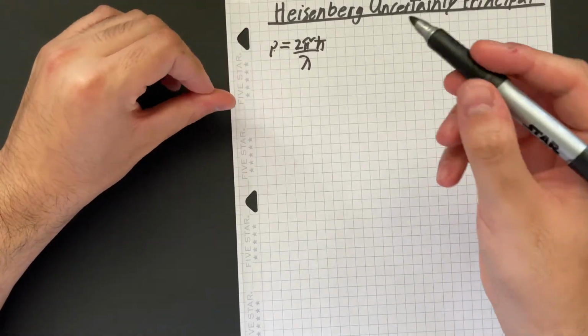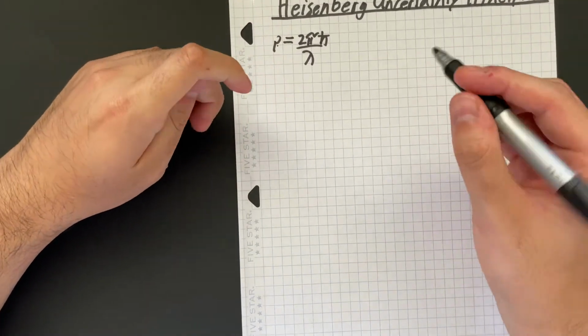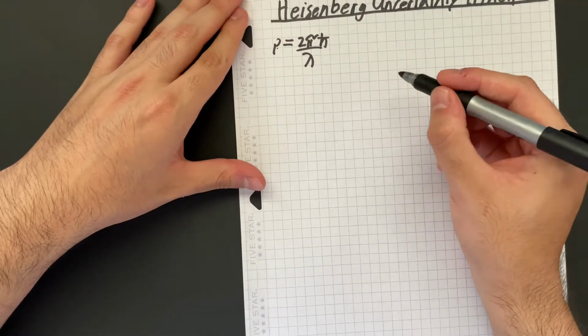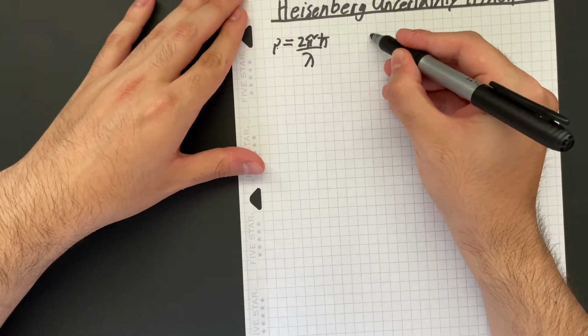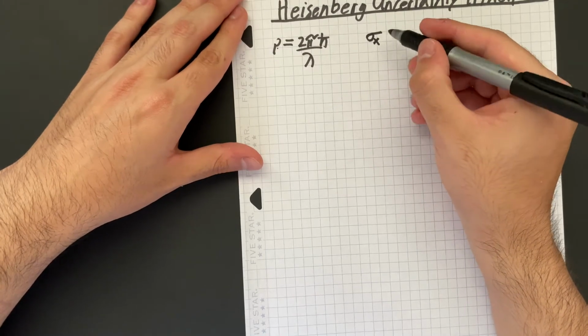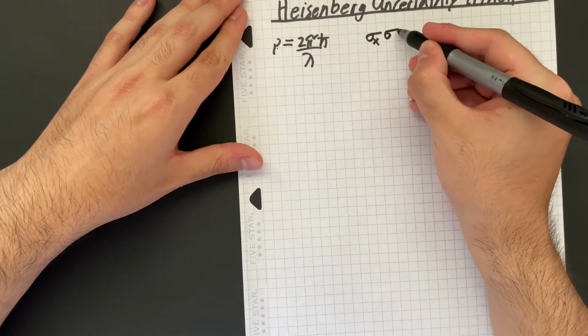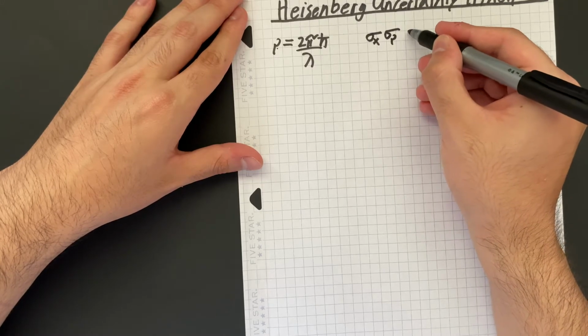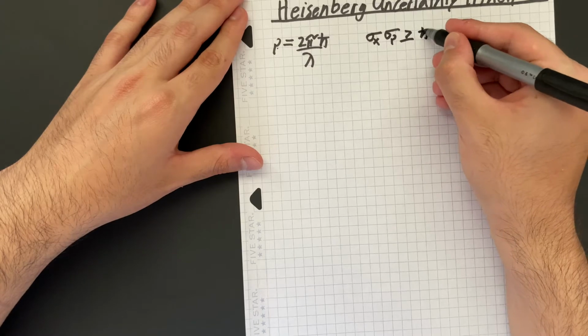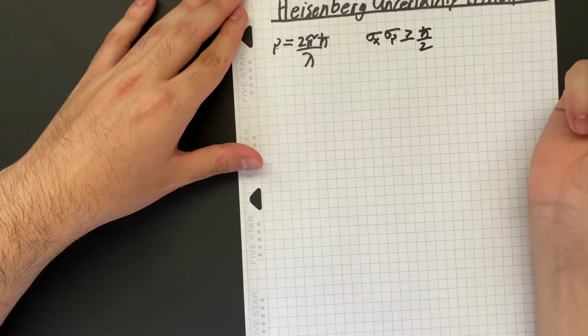Now, let's talk about what the actual equation for the Heisenberg uncertainty principle is. The deviation in x times the deviation in p is greater than or equal to h bar over 2.